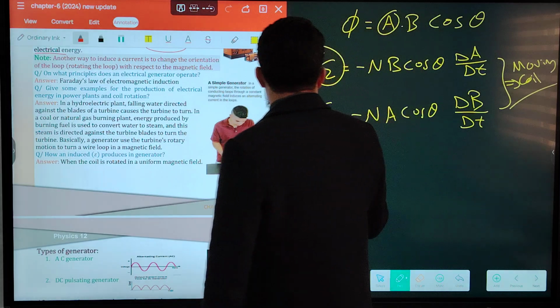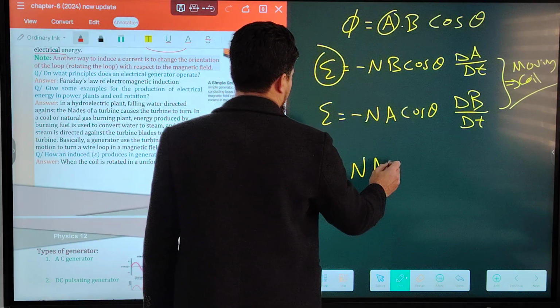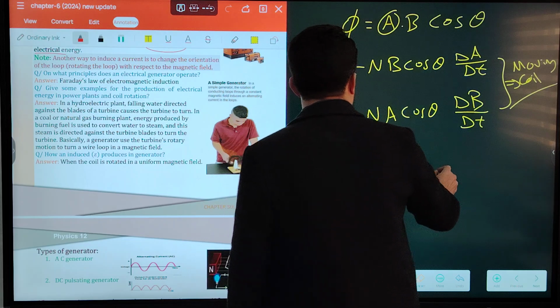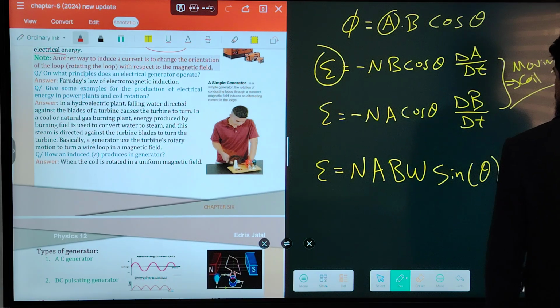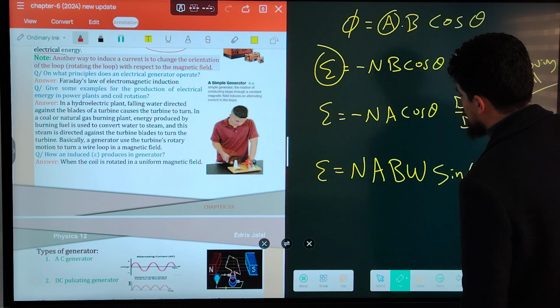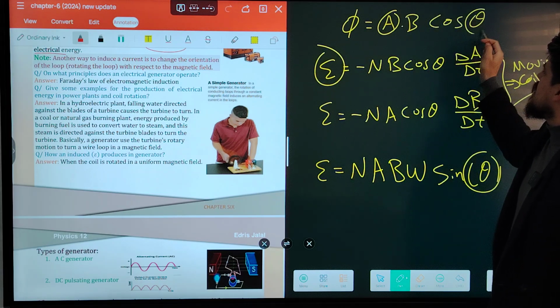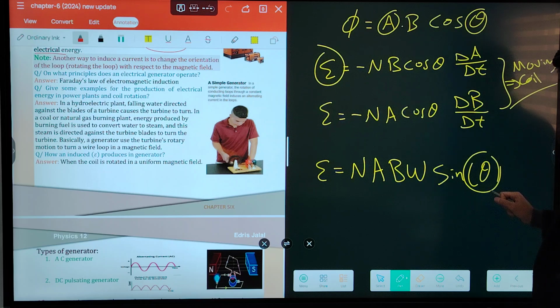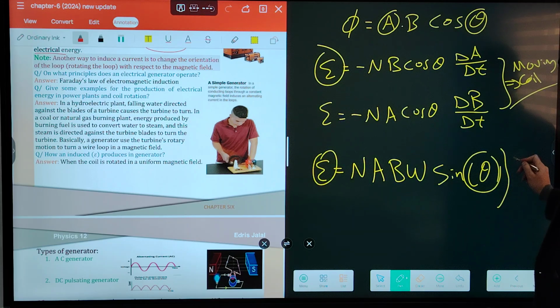But EMF for a generator is equal to N A B omega sine theta. By changing the orientation of the loop, magnetic flux also changes. EMF is induced when the coil is rotating.